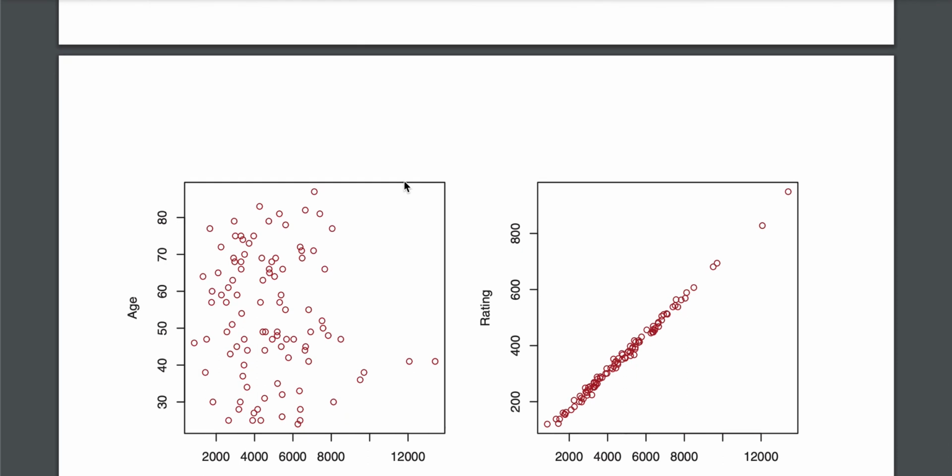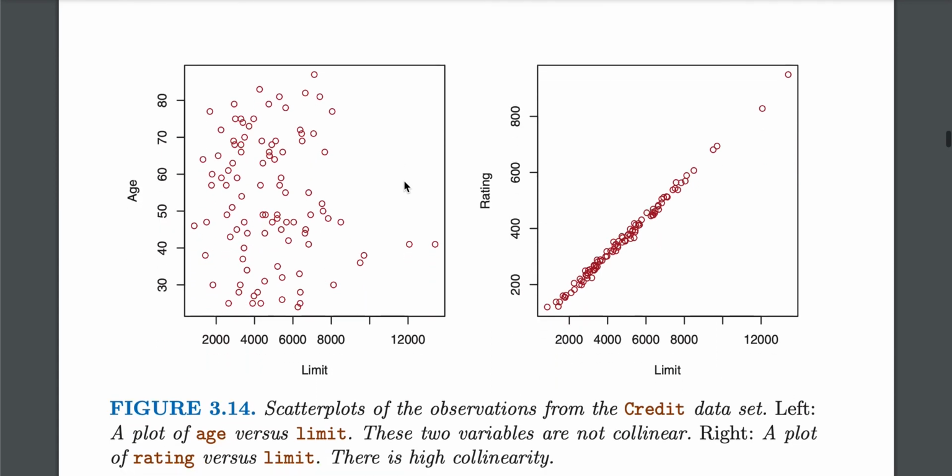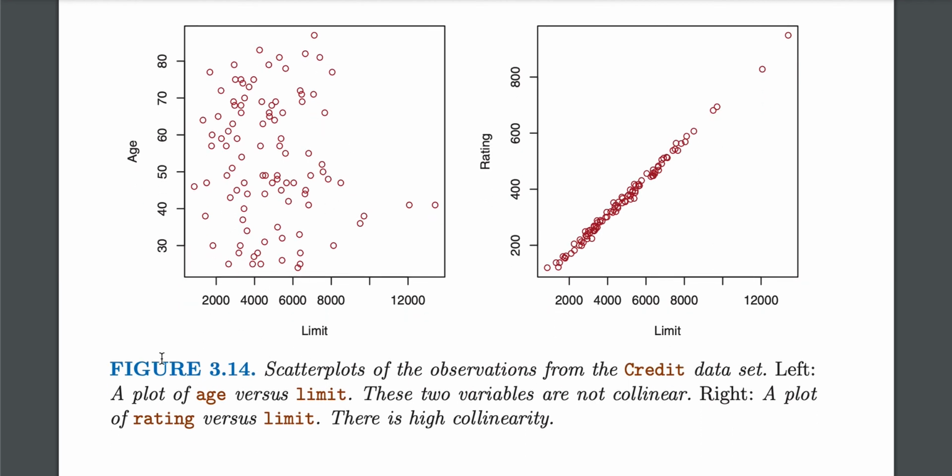Okay, so the next topic is collinearity. I think you have seen collinearity before, but I will cover it quickly here. Here we see that age and credit limit do not have a clear correlation, but rating and limit are highly correlated.